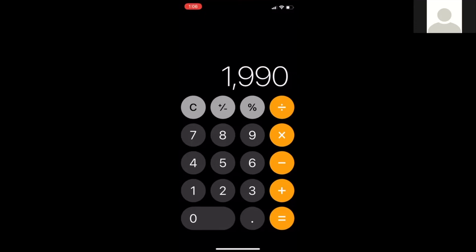Now we'll take this number and divide it by the monthly income, which is $6,000, and then multiply that by 100 to get 33%. So 33.16 is the TDS ratio. So in this case, the TDS ratio is less than 42%. Ours is only 33%, so they will qualify for the mortgage.